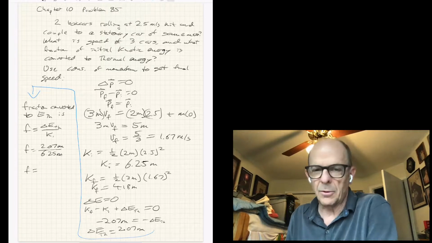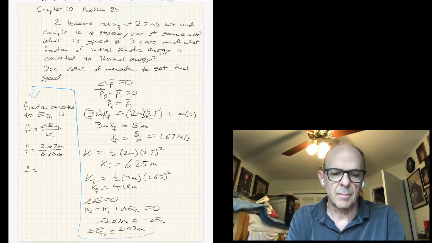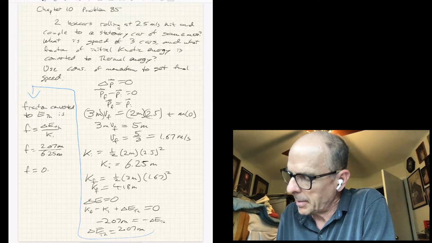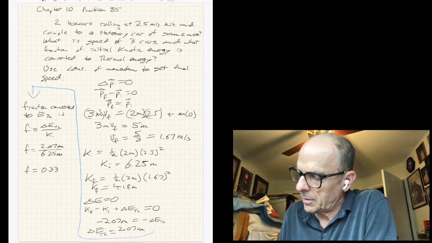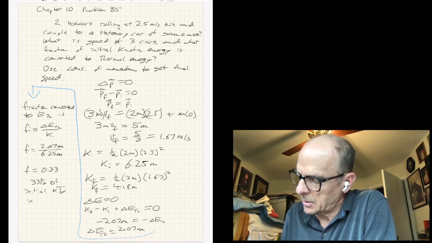So F equals 0.33, or in other words, 33% of the initial KE is converted to thermal energy.